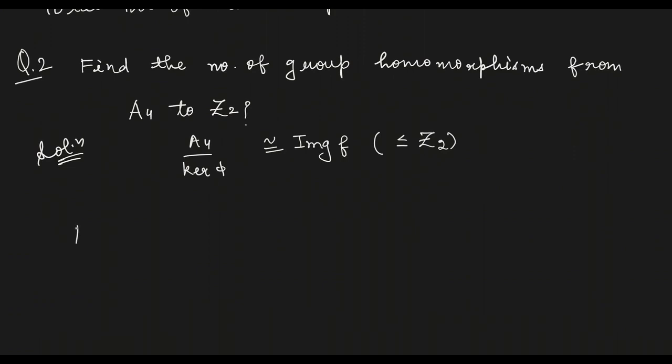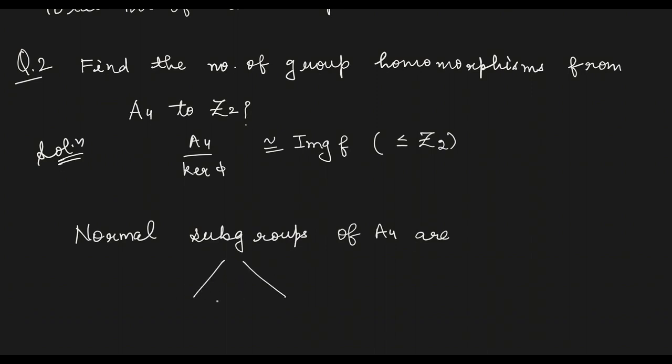So firstly, what are the normal subgroups of A4? There are 3 normal subgroups of A4: identity, K4, the Klein four-group, and A4.